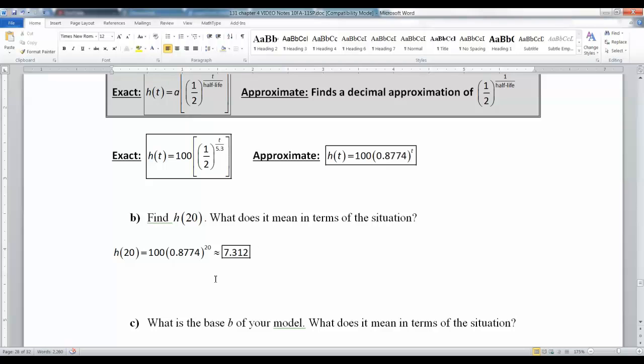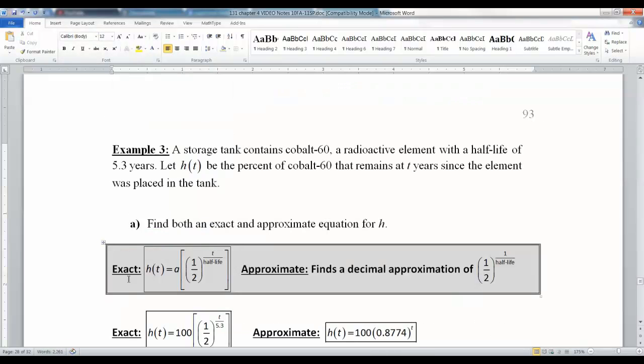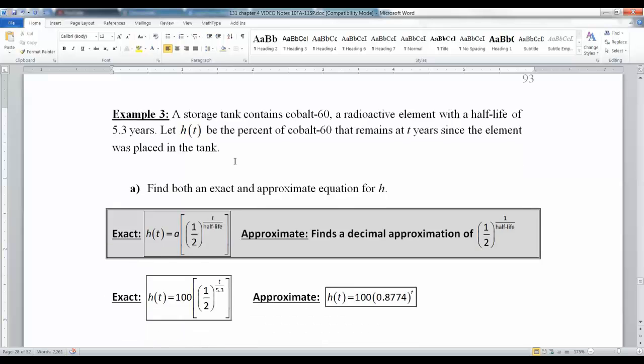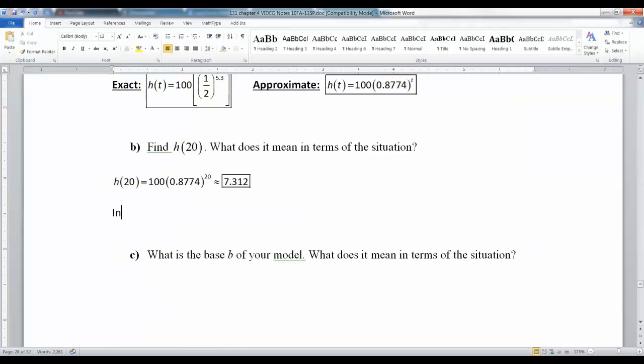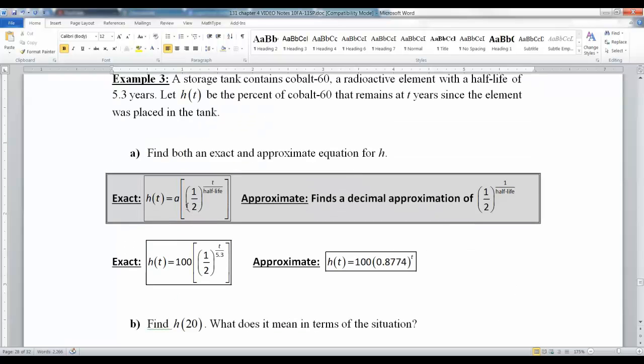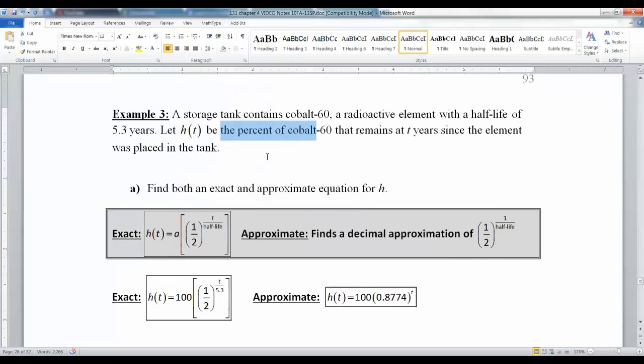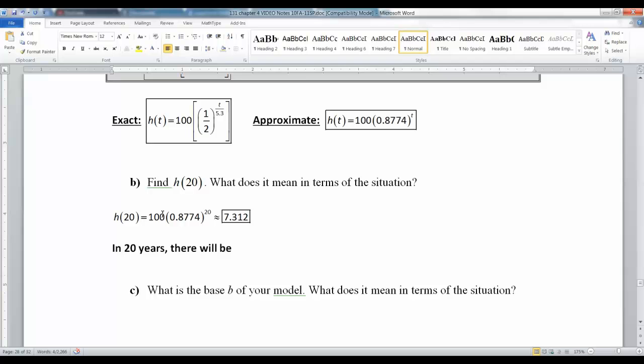And now the question is, what does it mean? Good question. All right, so what was our beginning year? Oh, they don't even tell us. Okay, so in 20 years, there will be, now this was a percentage problem, so that's why we started off at 100 for 100%.